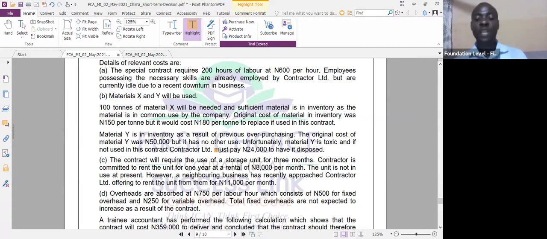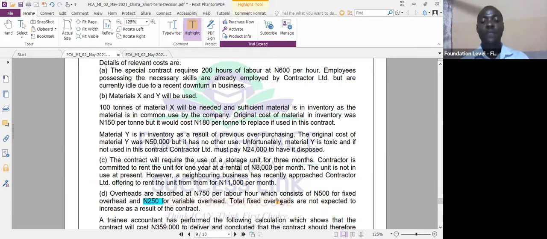But now they have broken down the 750: it consists of 500 naira for fixed overhead, not relevant, and 250 naira for variable overhead, which is relevant. So this 250 here is going to be relevant, 250 for each labor hour.